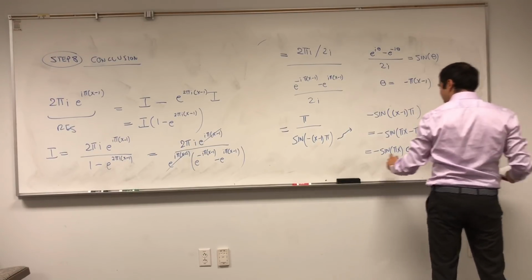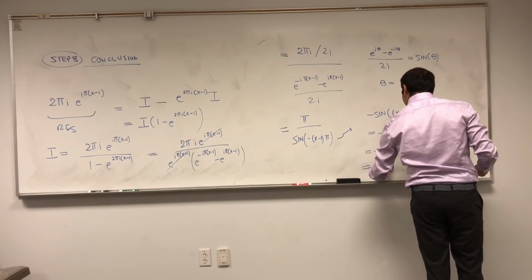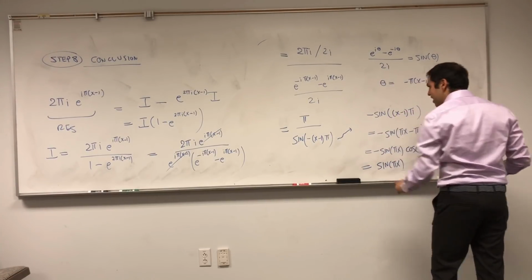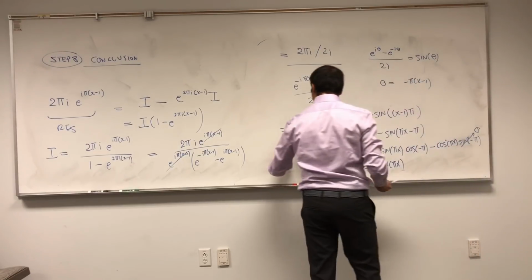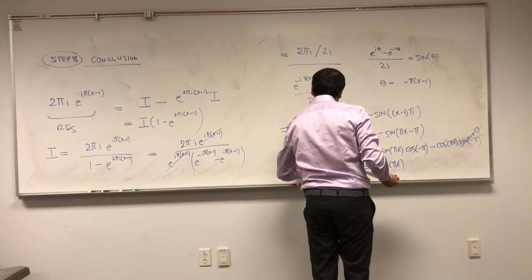But that goes to 0, and then cosine of minus pi is minus 1, so indeed, this weird thing is in fact equal to sine of pi x, so you're left with pi over sine of pi x.